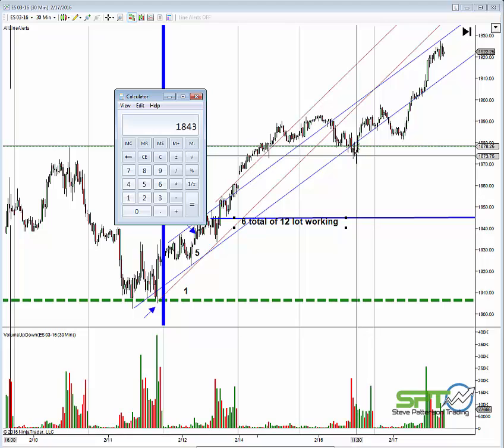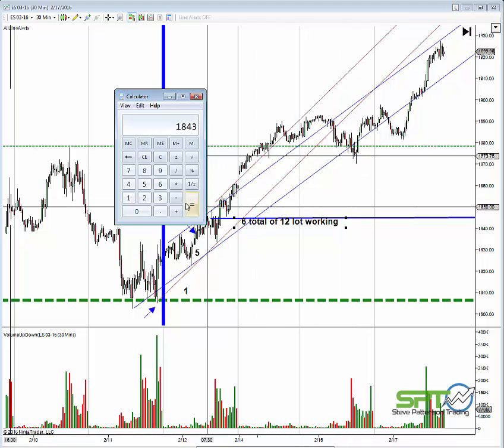Subtract 1878. $35, okay? So $35 times 12, you can see you make a lot more money. Not a lot more, but you make more money.